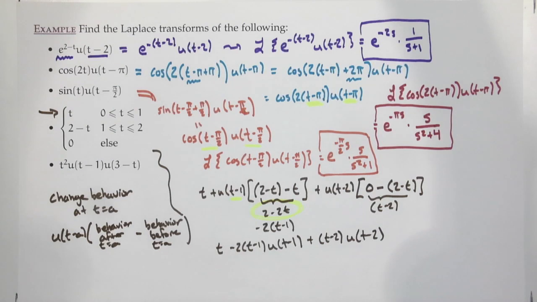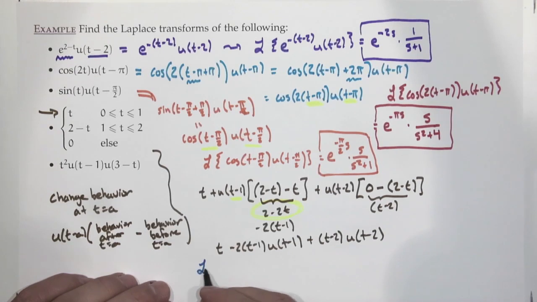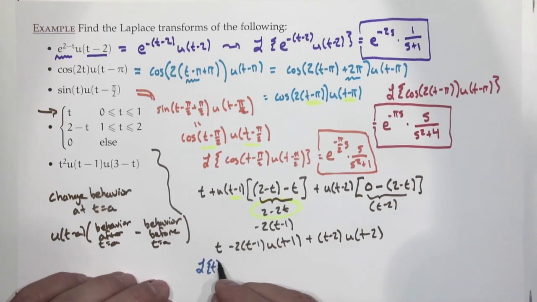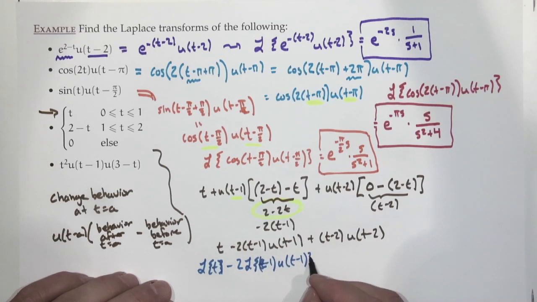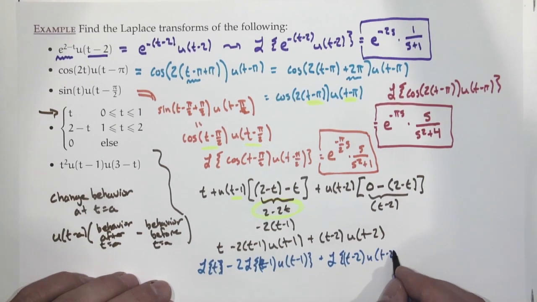All right, are we ready to take Laplace transforms? Yes, everything's in the right form. Okay, so we have the Laplace transform of minus 2, t minus 1, u of t minus 1, and plus the Laplace transform of t minus 2, u of t minus 2.